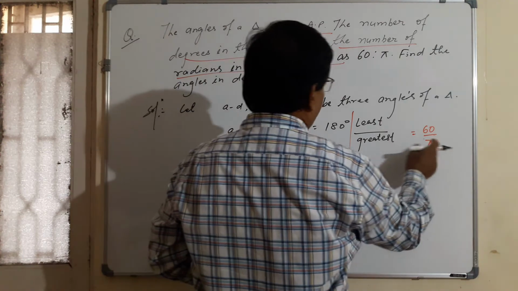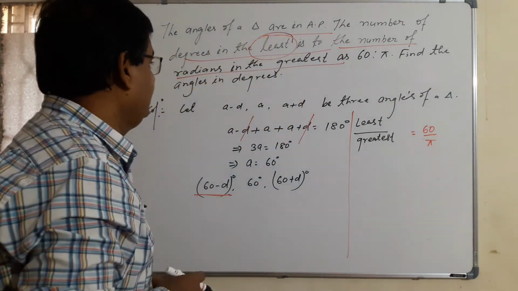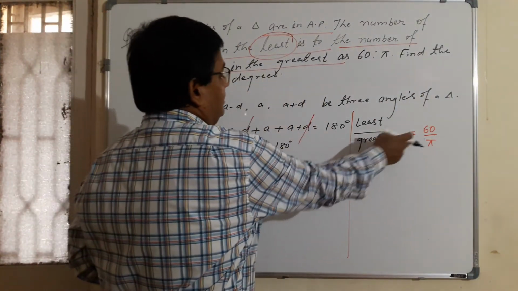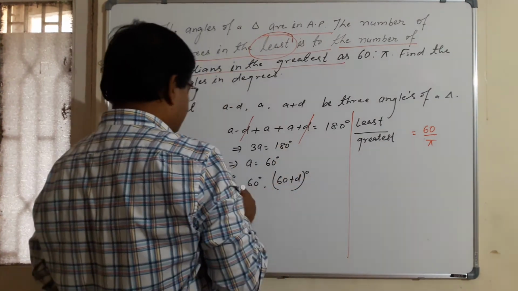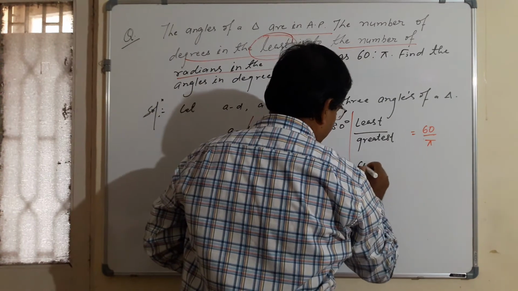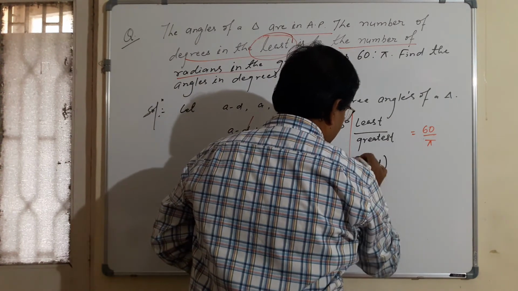The greatest is already in radian form. Then we have to find out the least degree, which is 60 minus D degree.